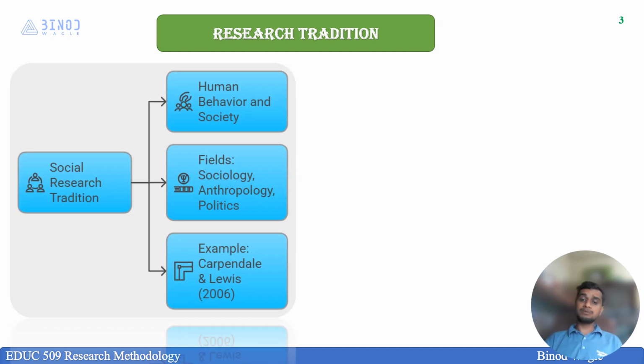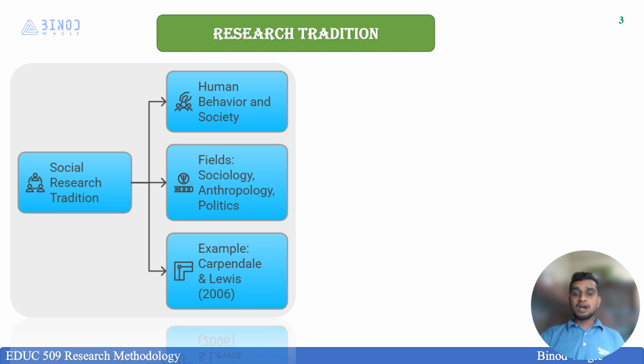Then what do we have to understand about the social research traditions? Obviously, social research traditions always study human behavior, our social interactions, and the society. Social research is mainly conducted in fields like sociology, anthropology, and politics also.